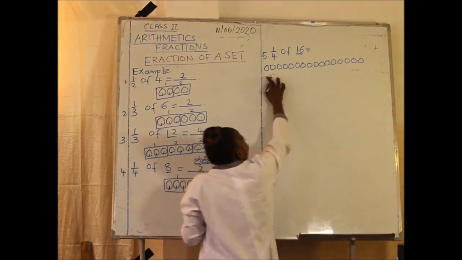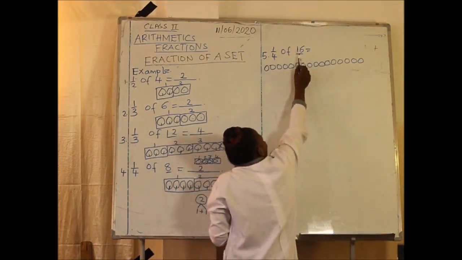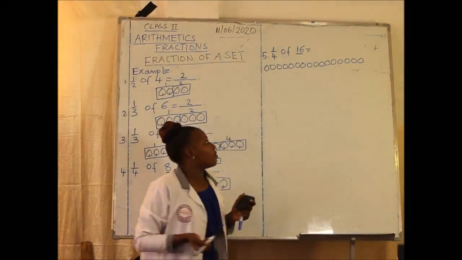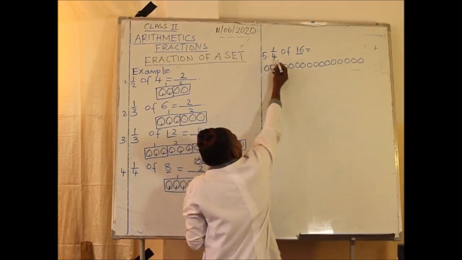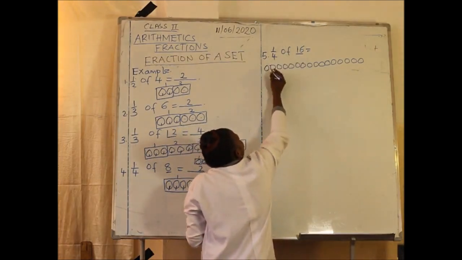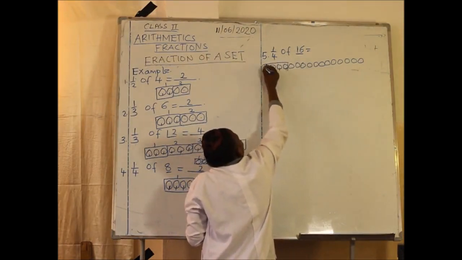So these are standing for the items which we are talking about, represented by this number here. Thereafter, you have to create groups of 4. How many 4 do we have in these 16? That is the first 1, 2, 3, 4. That is the first group.